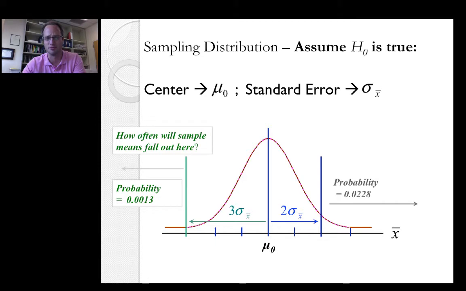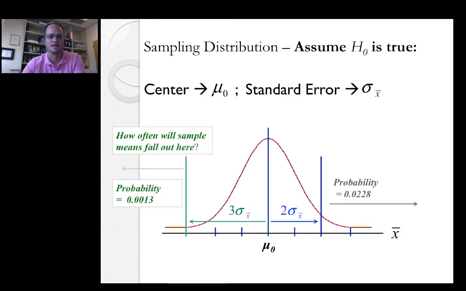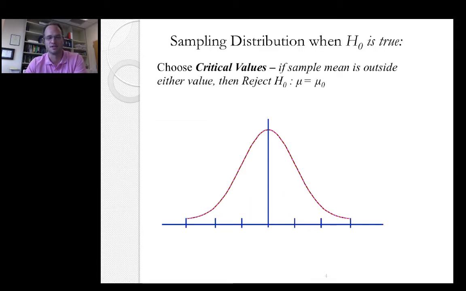So it's possible to be out there, but we know the likelihood of being out there, and in these 2 cases, it's fairly low. So these tails that divide this distribution, on the left-hand side 0.0013, and on the right-hand side 0.0228, can be likened to these critical values that we discuss in this slide.